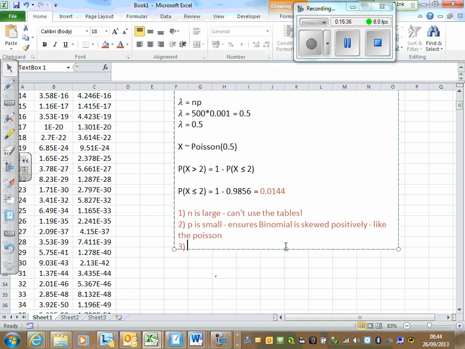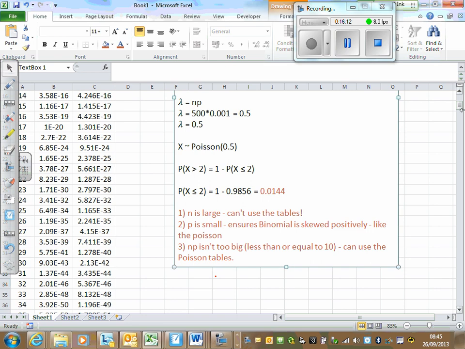And the third condition is that np isn't too big, and we'd say less than or equal to 10, so we can use the Poisson tables. Because remember, when np, the expectation, gets too big, the Poisson will look symmetrical anyway.